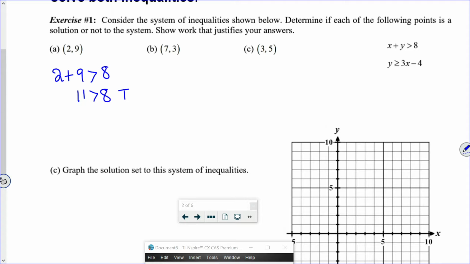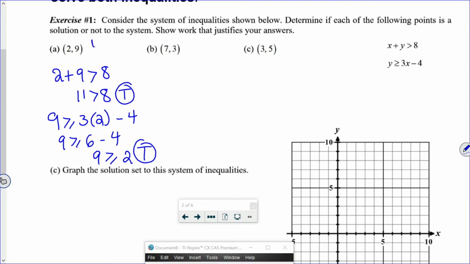That is true. For the second one, I've got 9 is greater than or equal to 3 times 2 minus 4. That's 9 is greater than or equal to 6 minus 4, and 9 is greater than or equal to 2. That's also true. Because they're both true, that point is a solution to the system of inequalities.